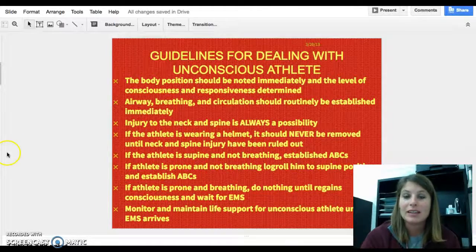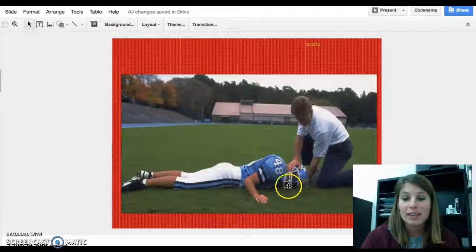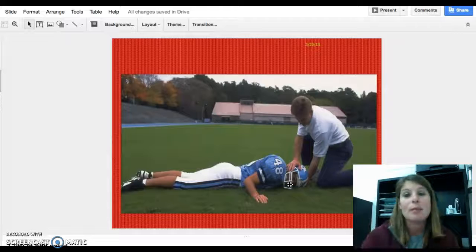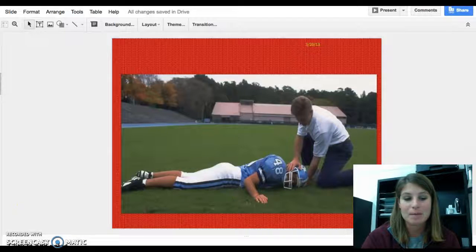Call 911 immediately, okay? This shows the victim that's laying prone, okay? They're on their belly. We cannot do CPR. We cannot establish any airways because we can't get to their mouth, not only because of the face mask, but because they are on their belly. So you do have to roll them over in order to be able to get to that.